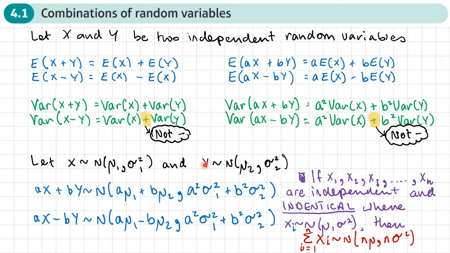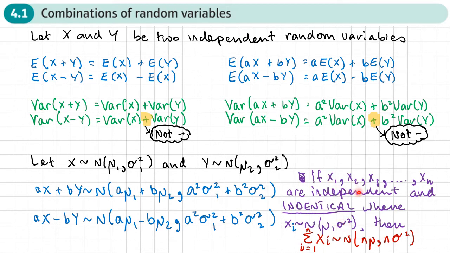Then lastly, when we've got more than two random variables, let's say we've got n lots of random variables, and they're all independent, but they all have exactly the same distribution, in this case a normal distribution. So this little i here is just saying X1, X2, X3, X4, all the way up to Xn are all normally distributed, and they've all got exactly the same mean and exactly the same variance.